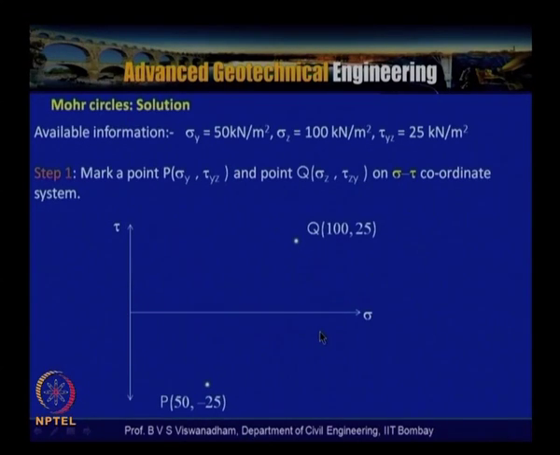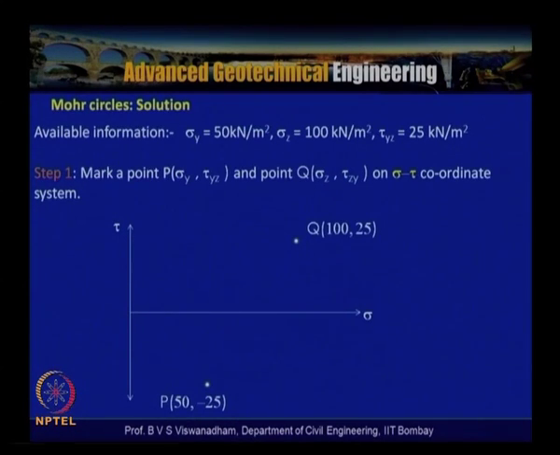So, step 1 in constructing the Mohr circle is to mark a point P, sigma y, tau yz, and point Q, that is sigma z, tau zy, on the tau sigma coordinate system.